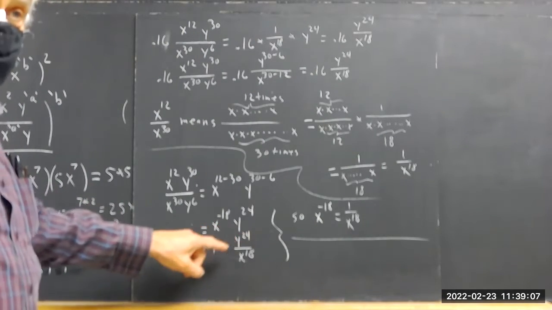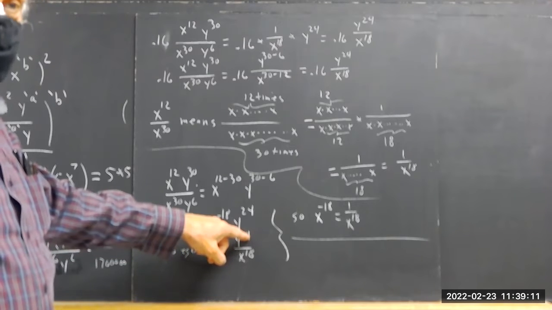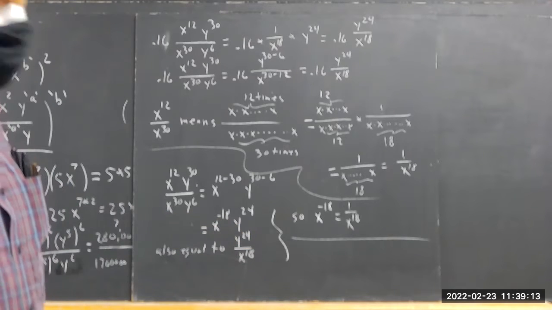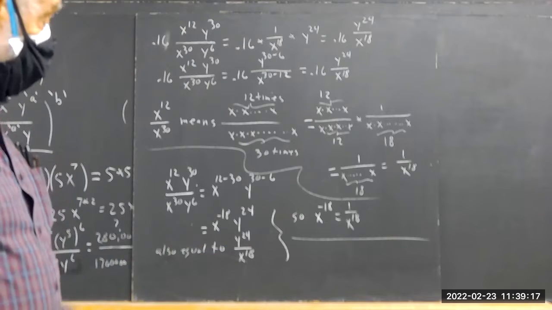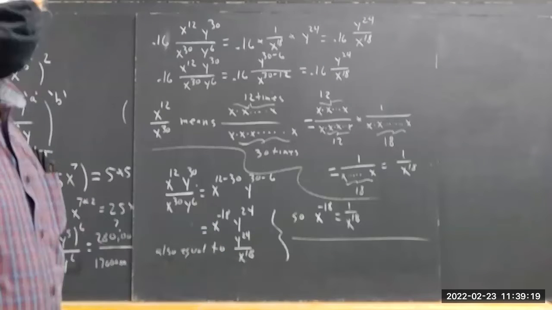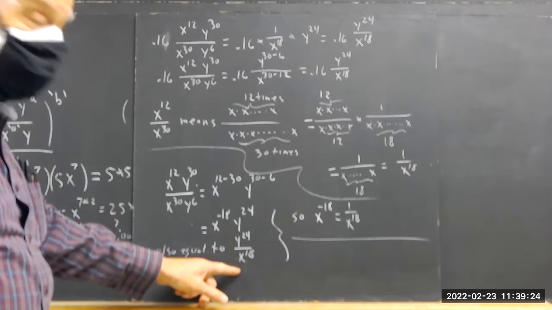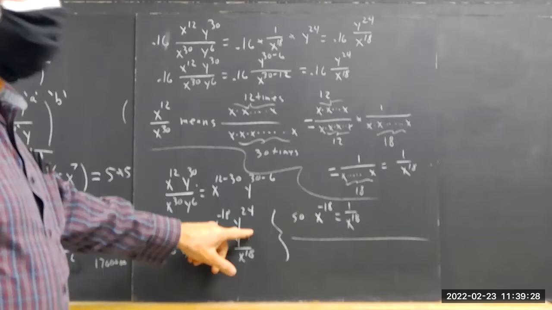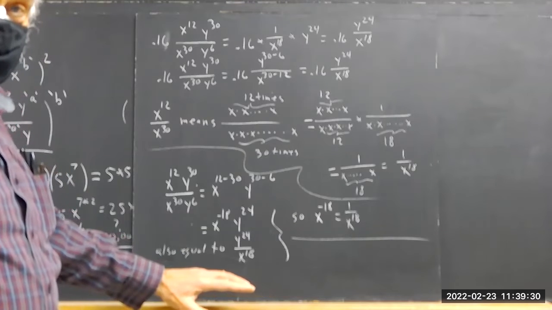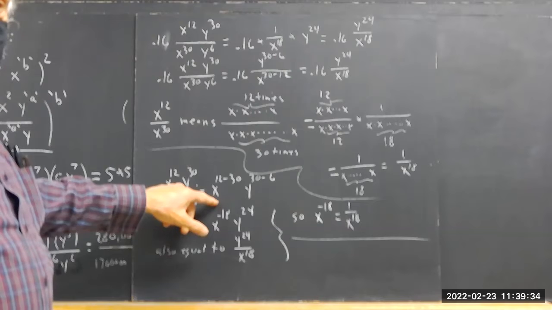Sometimes this form is more appropriate to what you want to look at, depending on what you're doing with these symbols. And sometimes this form is more appropriate. If it's in this form, we say write it with positive exponents, because all my exponents are positive. In this form, we say write it without denominator. There's no denominator in this, but I have to use a negative exponent.